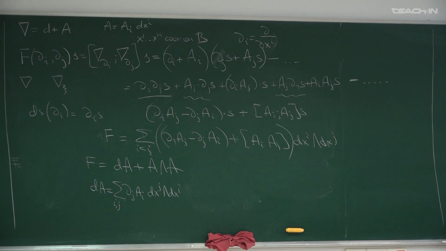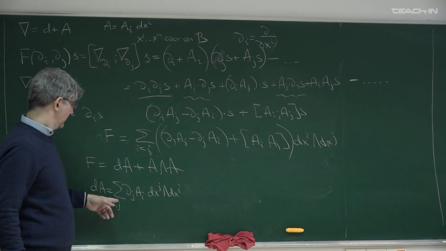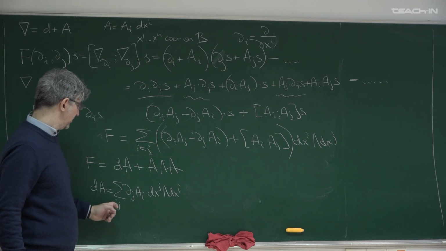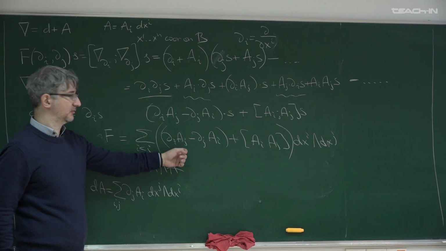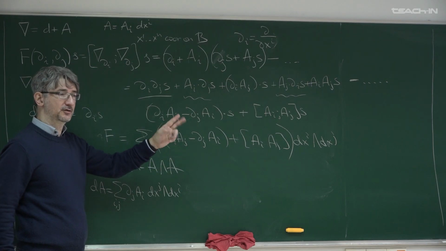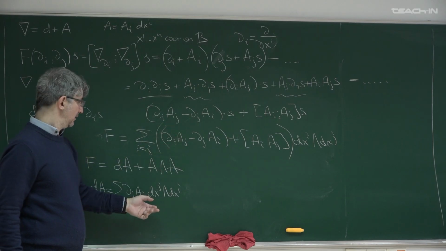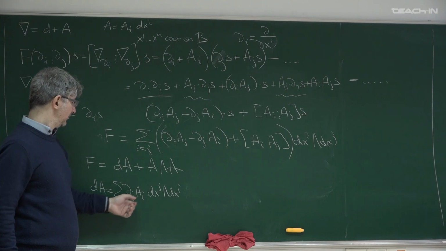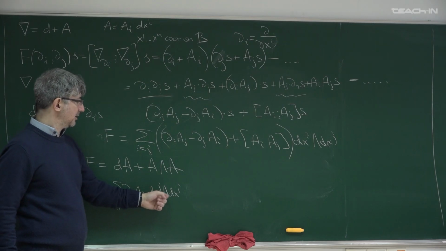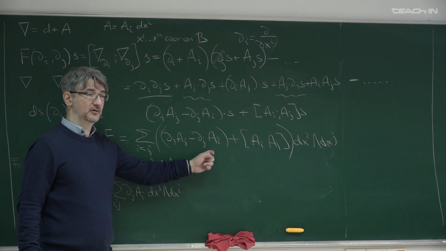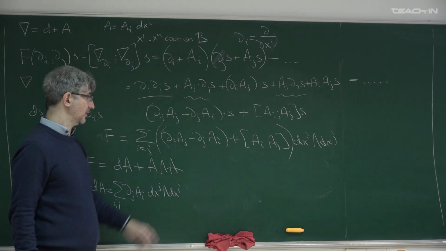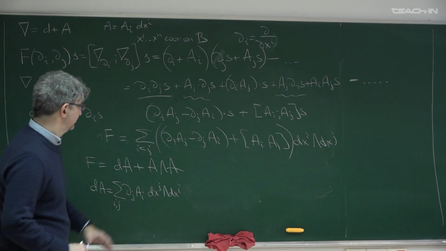Yes, it does, because the wedge is antisymmetric. If you keep summands where j is smaller than i, you will obtain this summand, up to changing the notation for indices. And if you look at other summands where j is greater than i, then you need to interchange and you will obtain the second part of the sum here. So this is okay. What is written here?